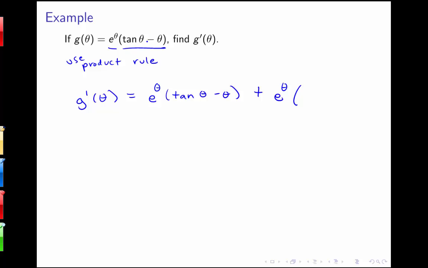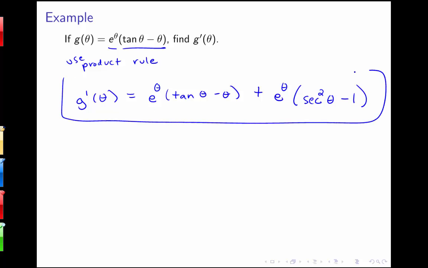So here I need to use that the derivative of tangent theta is secant squared theta, and the derivative of theta is 1. I could just leave it like this. I don't think I'm going to be able to simplify it all that much if I multiply that out. Okay, so there's one example of applying this rule. Let's look at one more.